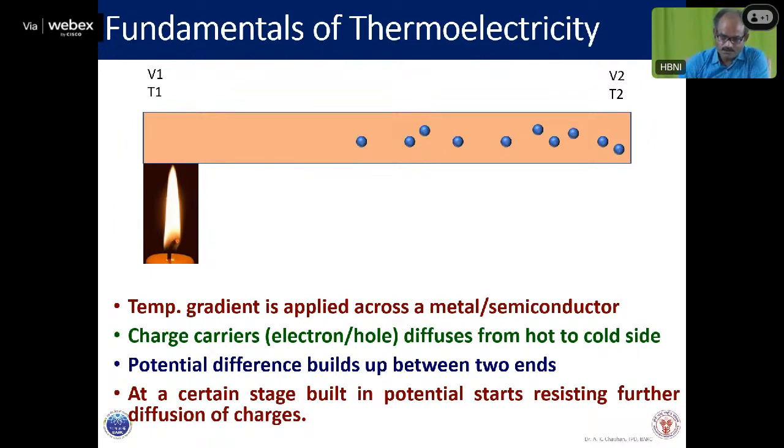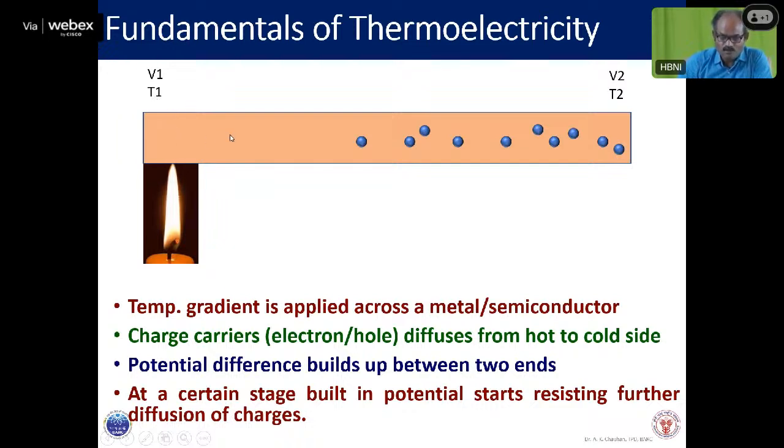Now if the ends are kept at constant temperature, the electrons which are gaining energy here will continuously go on moving to this side. After a certain time, this side has become negative and this side has become positive.